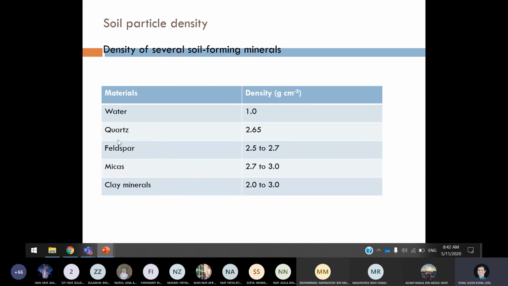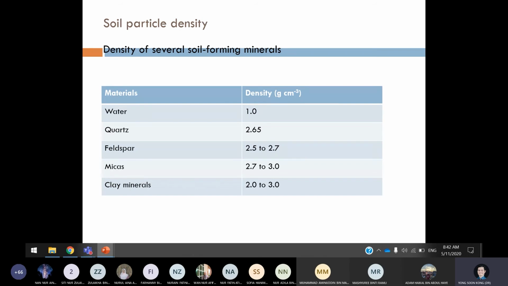However, if you look at the others like quartz, feldspar, mica, and clay minerals, they are quite consistent, sitting between 2.5 to 3.0. It's not going to be more than that, because minerals are quite constant. It's not like those minerals are going to get denser than that. Well, it could.